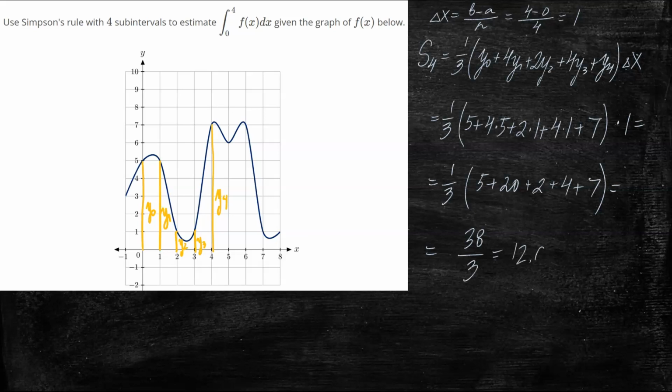So 12.67. So this is how we use the Simpson's method to approximate the area under the graph of a function on some interval from a to b.